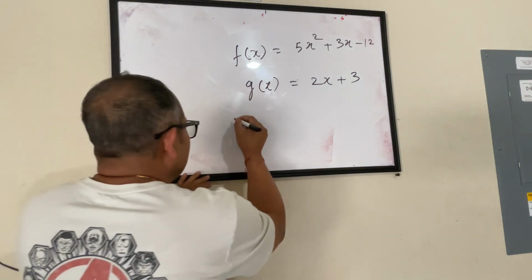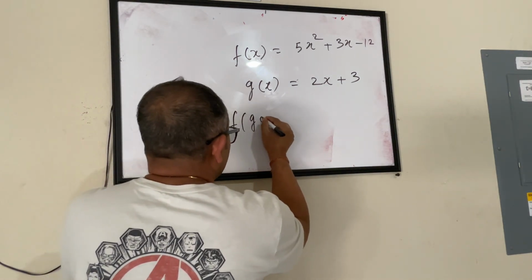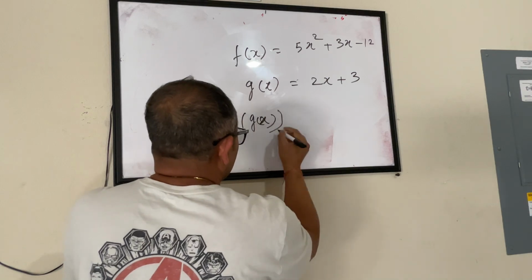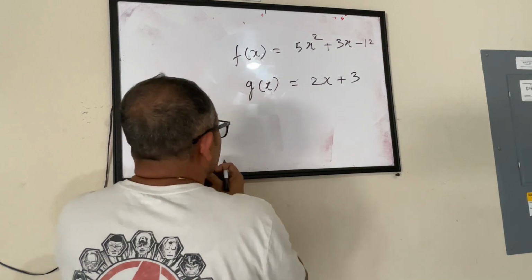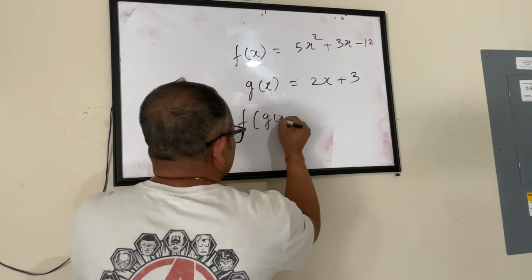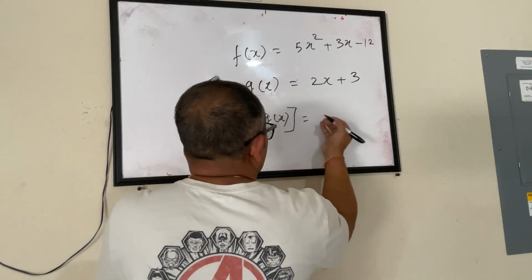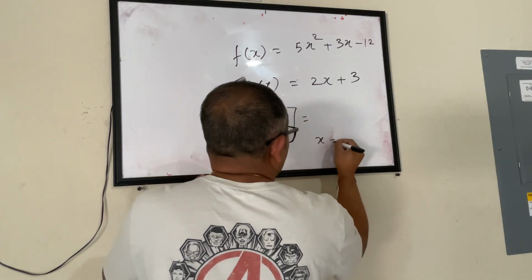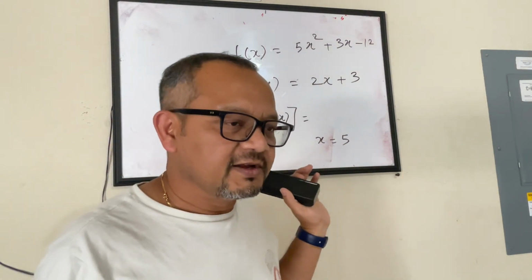Now if somebody says find out function of g of x, when somebody says find out function of another function, for x equals, let's say, 5, how will you go about it?